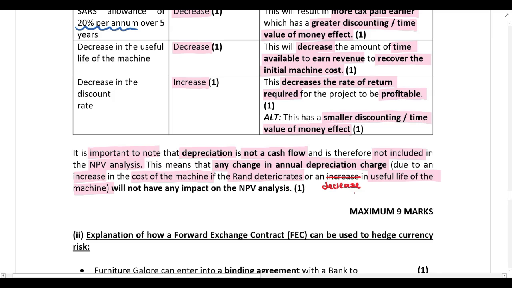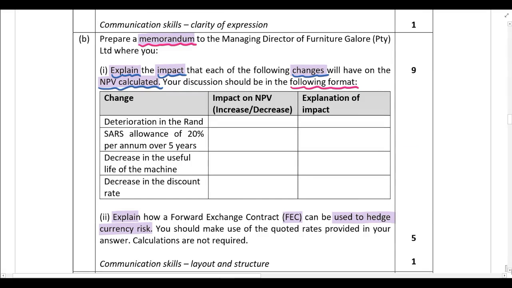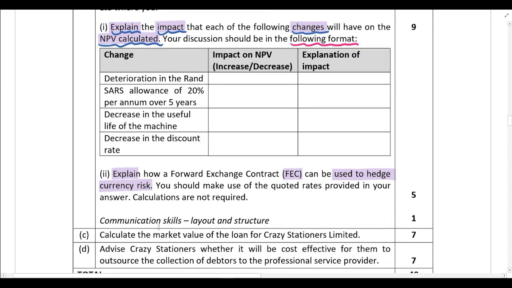So if the useful life of the machine decreases, that will obviously also affect the annual depreciation expense. But because depreciation is not a cash flow and it's not included in the NPV analysis, this will not have any impact on the NPV analysis. All right, so that's also important to note. Then let's just go back to the required again, because we still haven't finished part B of the required.